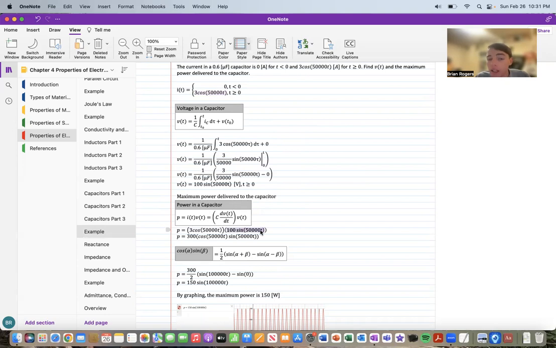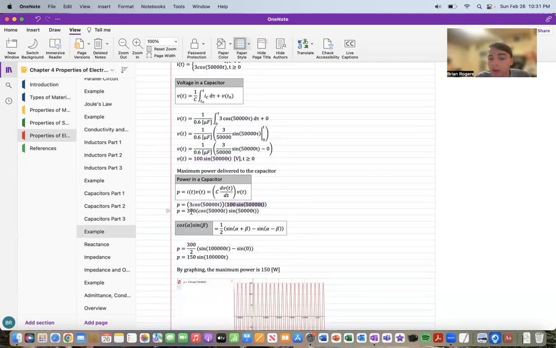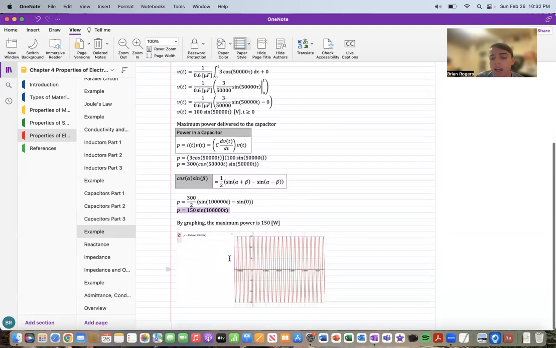Plugging that in, we are able to rewrite and simplify our result. Then using a trigonometric identity, because this is a cosine times a sine, we were able to express it in terms of only one trigonometric function. And by graphing this, we see that the peak is at 150.